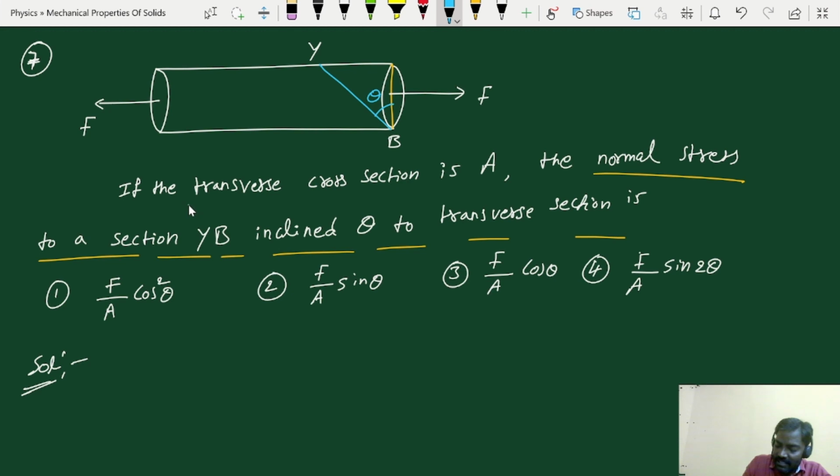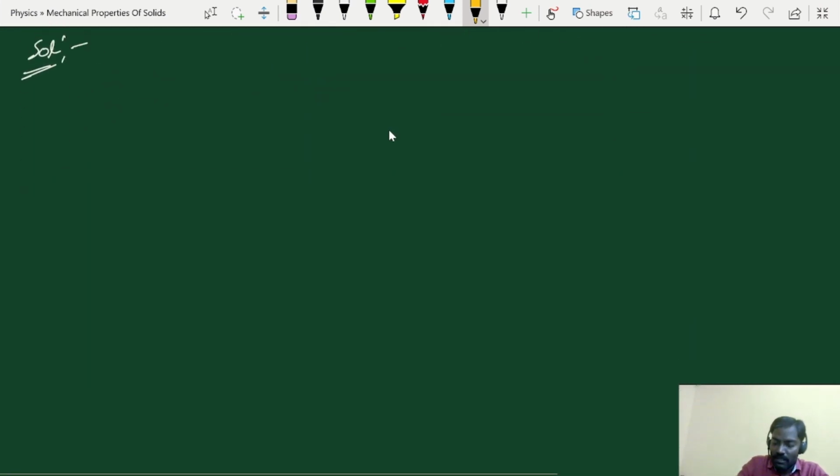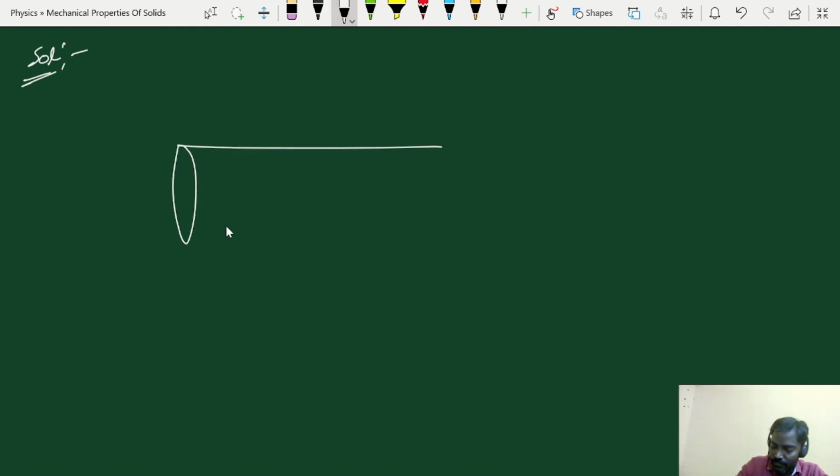Here they are saying the transverse cross section of the wire is A, that is nothing but the area of cross section of this part is A, that is what they are giving. From this we have to calculate the area of YB and the perpendicular component of force to this particular YB section. See, let us redraw the diagram. Right.